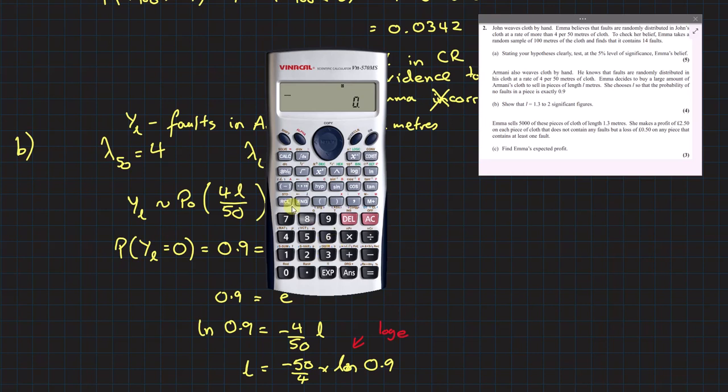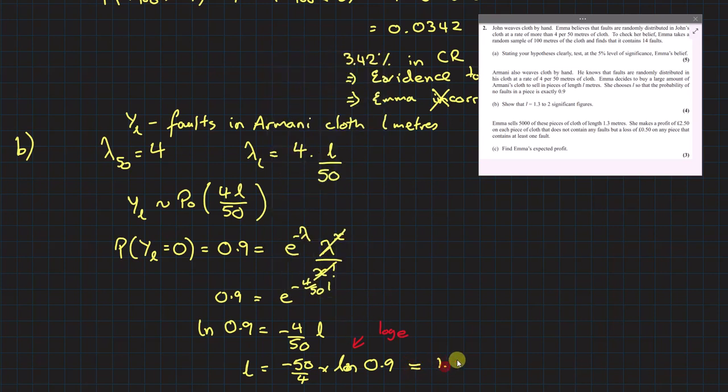So I have negative 50 divided by 4 multiplied by the natural log of 0.9, giving me an answer of 1.317. So L is approximately 1.3 meters, which is the suitable accuracy requested, 2 significant figures.